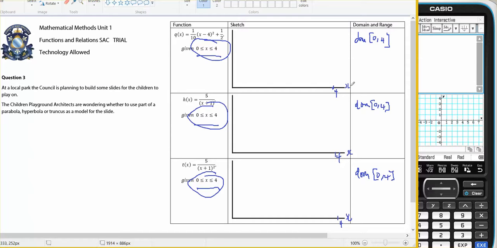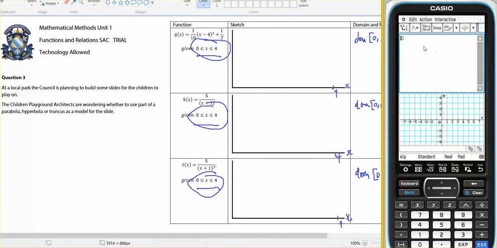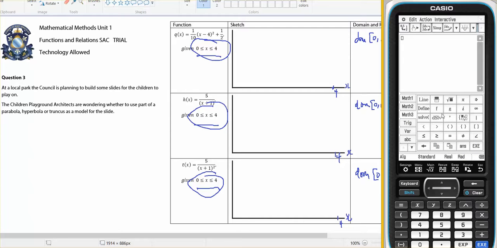Okay, now I'm going to use my calculator to get a look and see what these look like. So, keyboard, I've got 1 divided by 10, x minus 4, squared, plus a half.